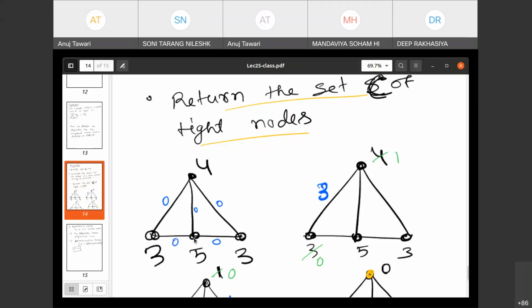So I think the optimal one is 3 and 5. So how do you find these particular vertices in our vertex cover? That is the question.